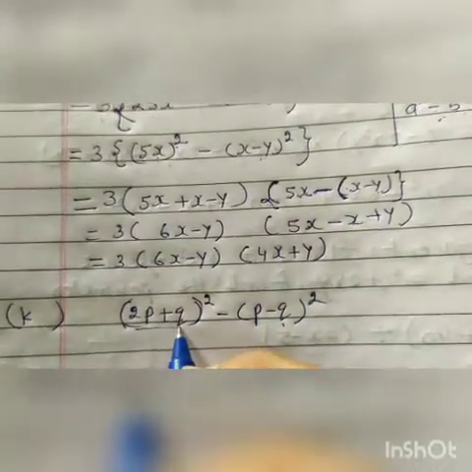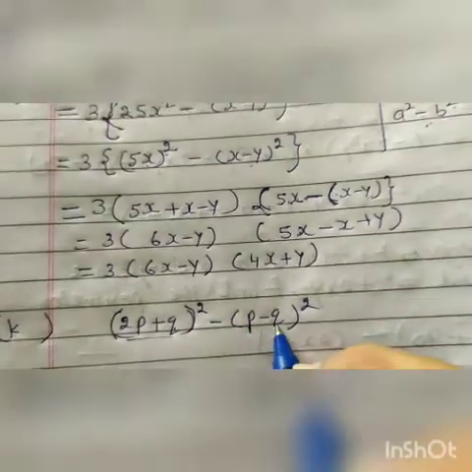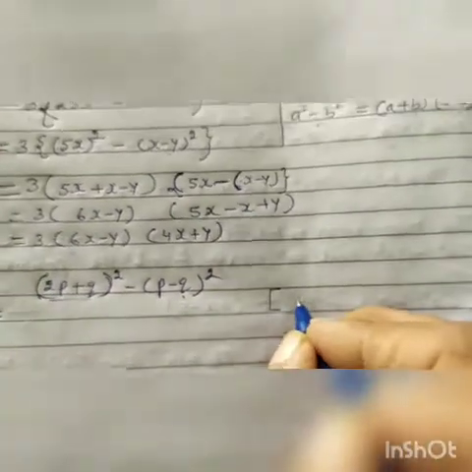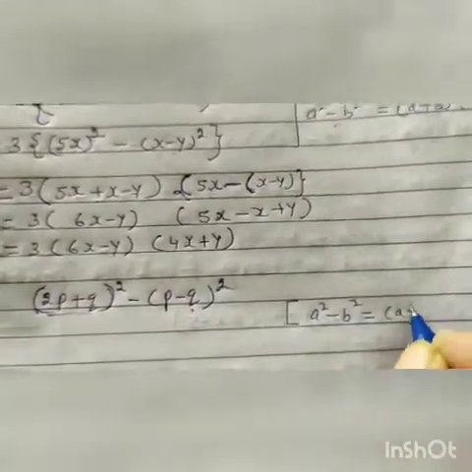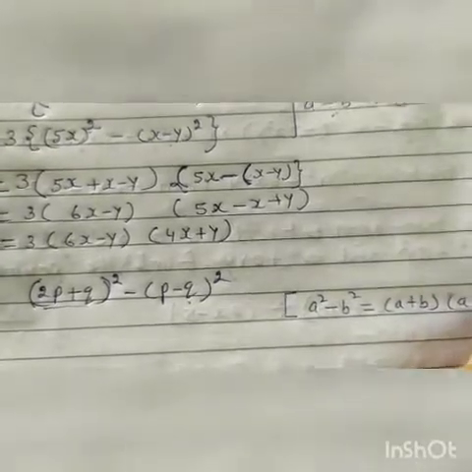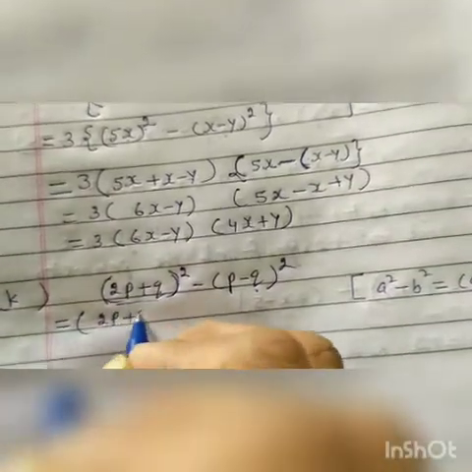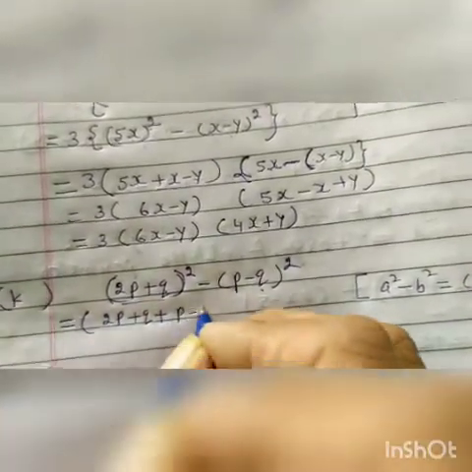So the value of a is 2p plus q and the value of b is p minus q. What is our identity? A square minus b square is equal to a plus b, a minus b. So a plus b, a means 2p plus q and plus b means plus p minus q.